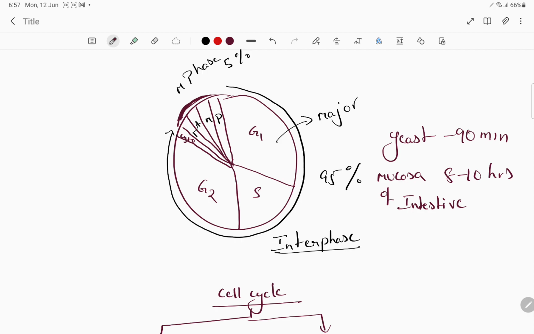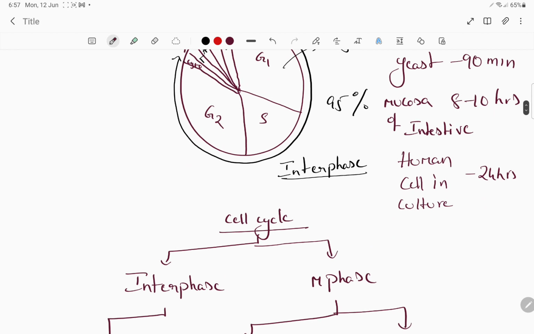And human cell in culture will take 24 hours. Though the details of the cell cycle vary from organism to organism, because certain events are universal, the time will vary.